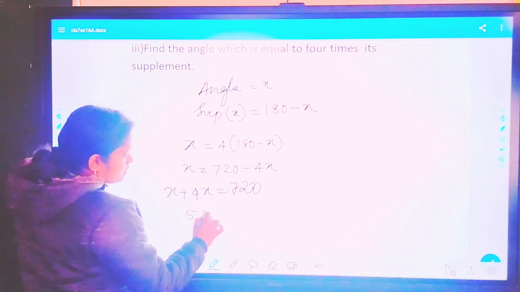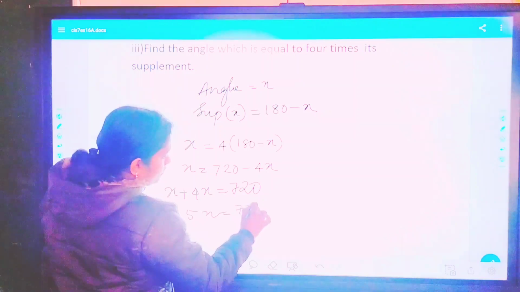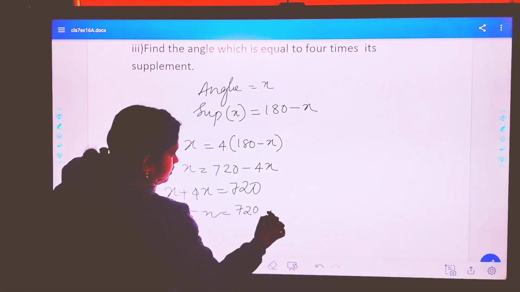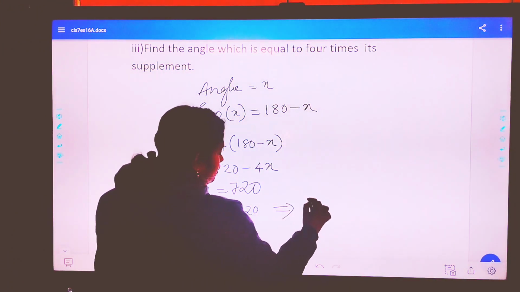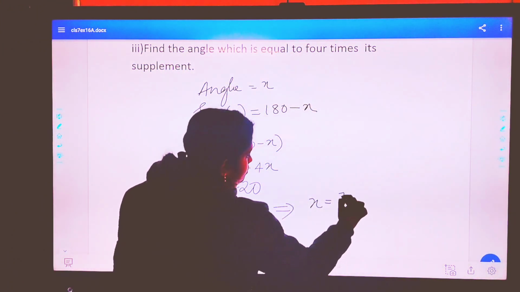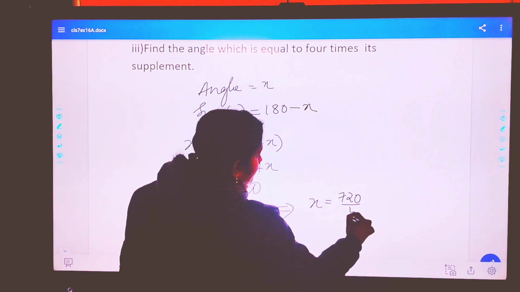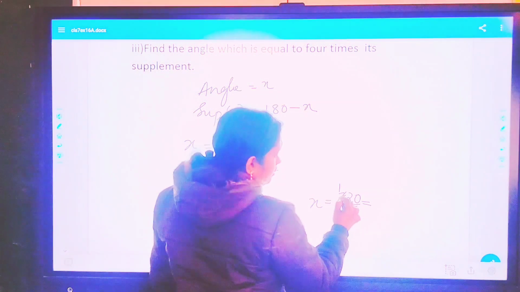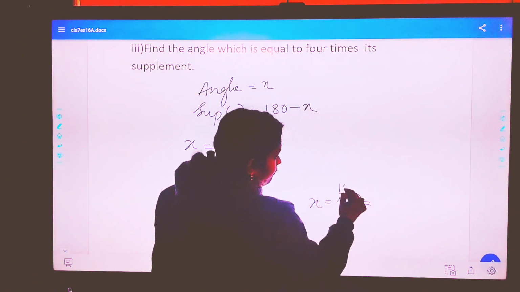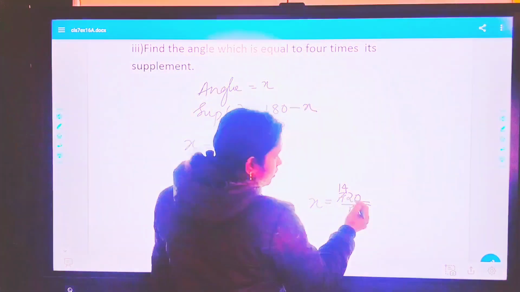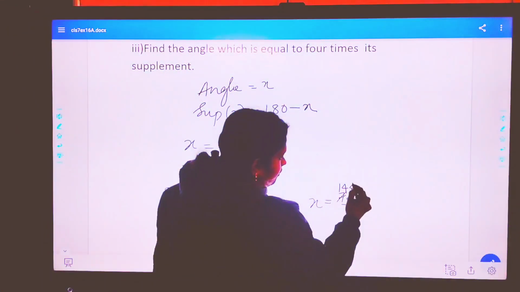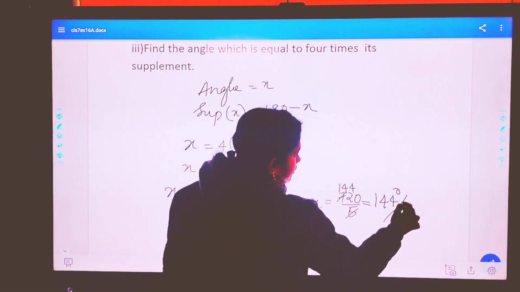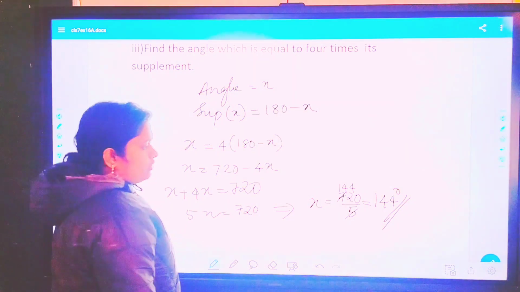Then 5x is equal to 720, so x is equal to 720 upon 5. 5 ones are 5, remaining 2, 22, 4 fives are 20, again 2 remaining, 4 fives are 20. The answer is 144. The angle is 144.